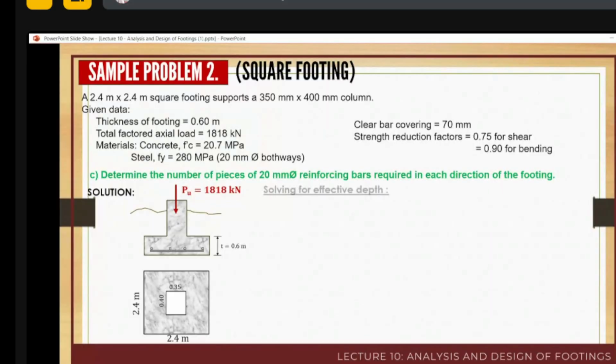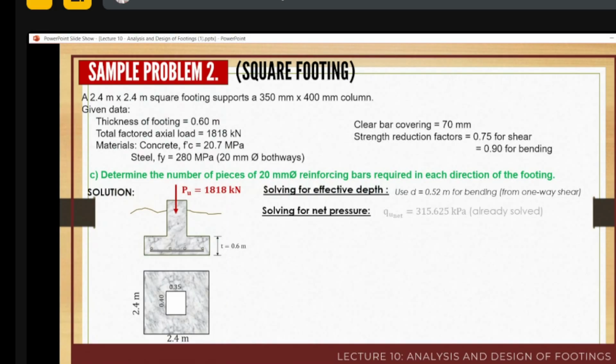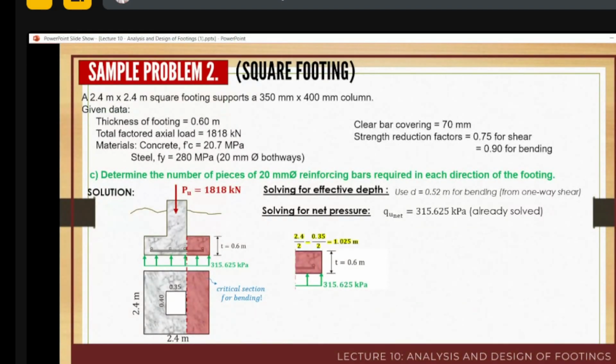And the last is pila ka 20 mm nga reinforcement ang gamiton. No? So for the effective depth, we use d as equals to 152 for bending, no? One-way shear. So we consider one-way shear. So that is the critical section, and so you have there this portion here, is 2.4 kini nga distance, no? 2.4 divided by 2 minus 0.35 divided by 2 is 1.025.